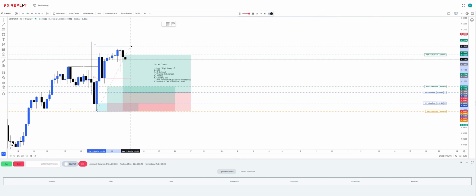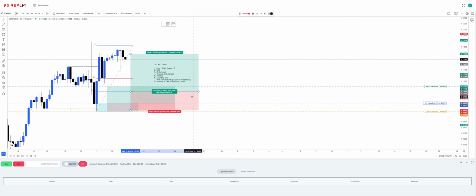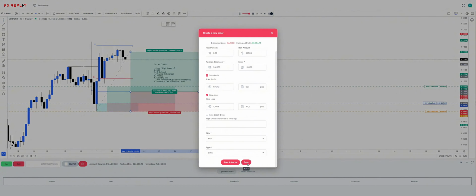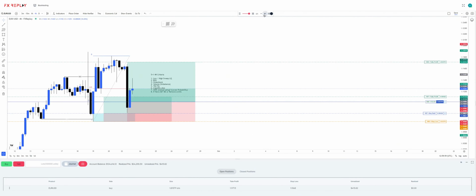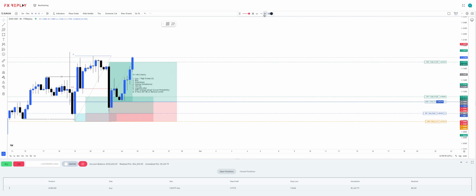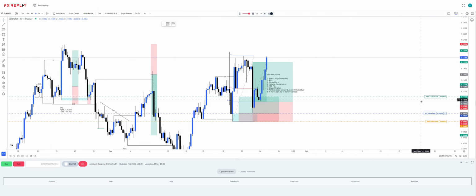Yeah, so here we had to adjust that fib. We were in the fib and the order block, or the fib position ran. That was also a +2.